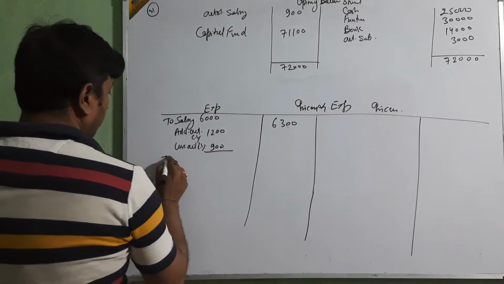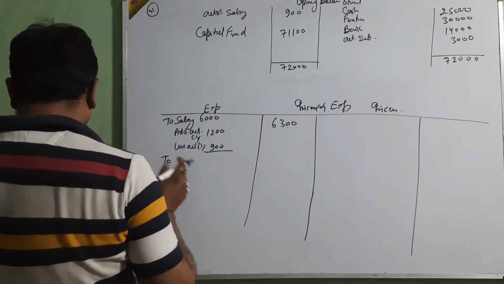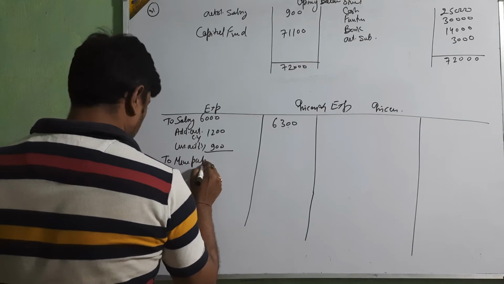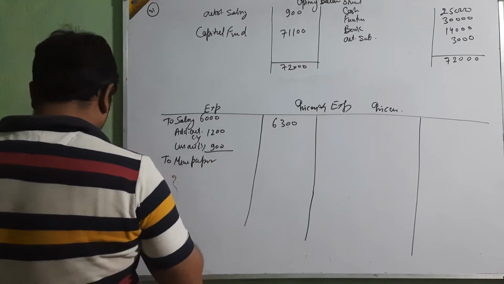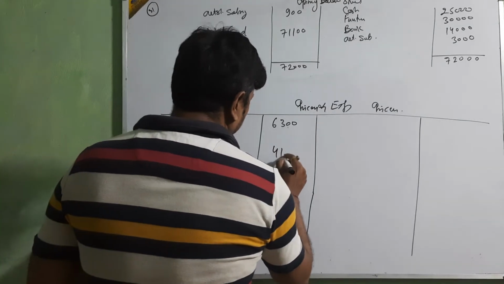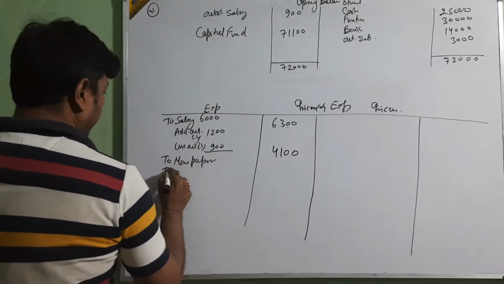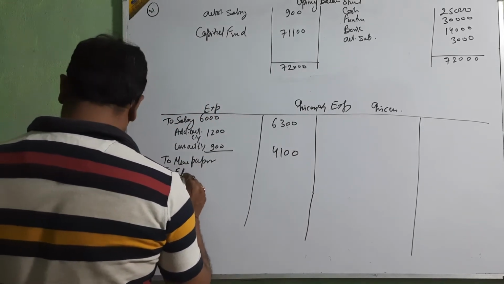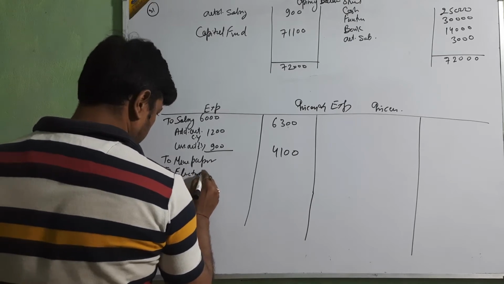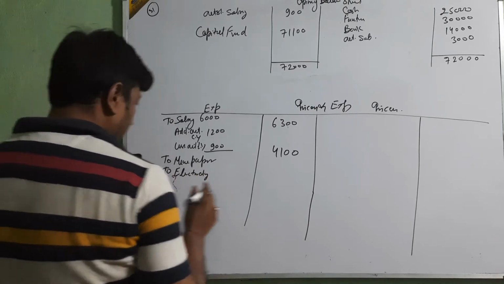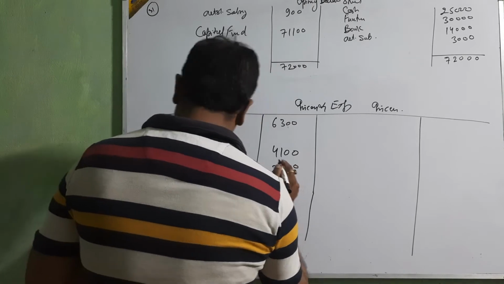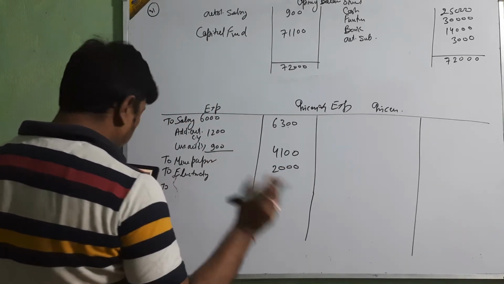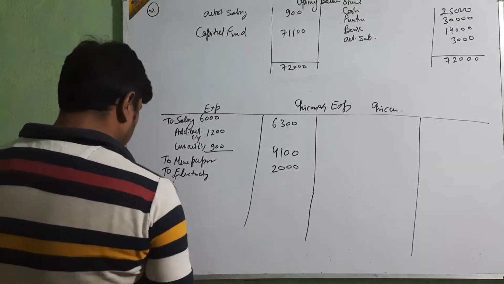Okay beta. Then next, after salary, newspaper 4,100. Then next, electricity bill, that amount is 2,000. Then book we are not going to take, fixed deposit we are not going to take, rent.